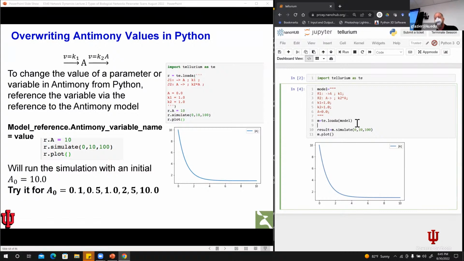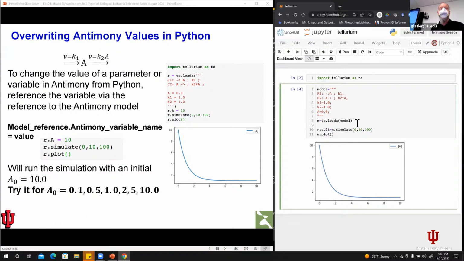The values of A, K1, K2, and so on in the original model specification are available in whatever the handle I gave as the name of my model when I loaded it. Here it would be M dot and the variable name or the parameter name. So M.K1 is the value of K1. M.K2 is the value of K2. M.A is the value of A.